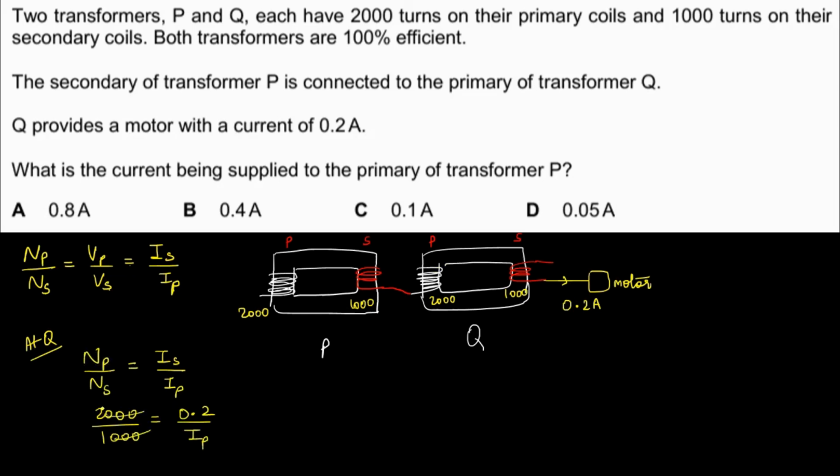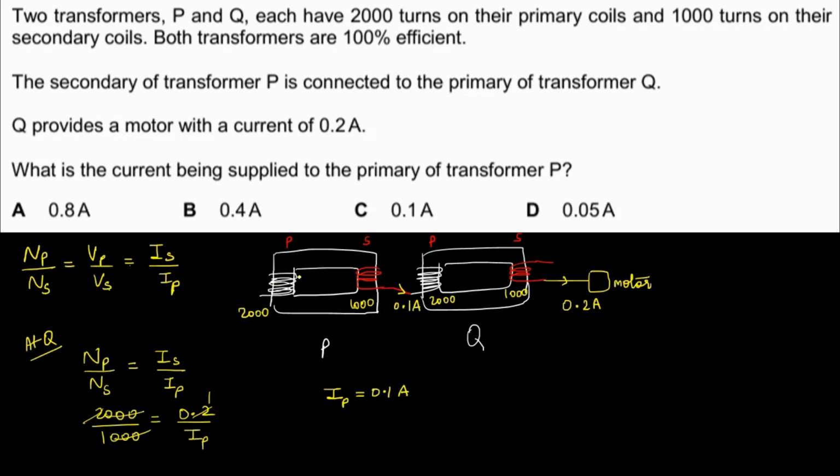So this comes out to be 0.1. So Ip at Q is 0.1 ampere. So the current here is 0.1 ampere.